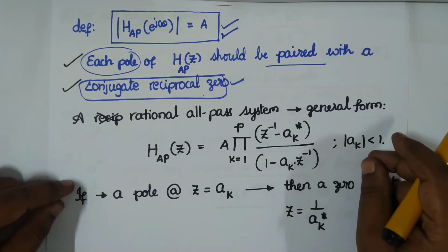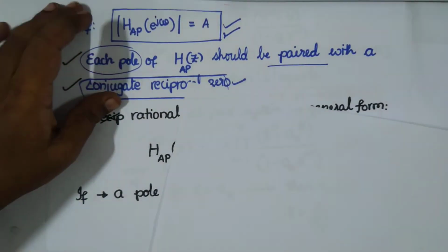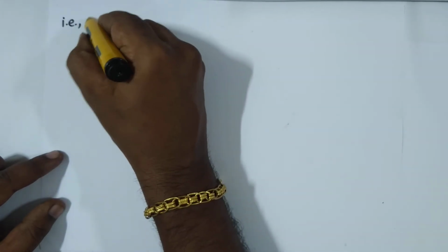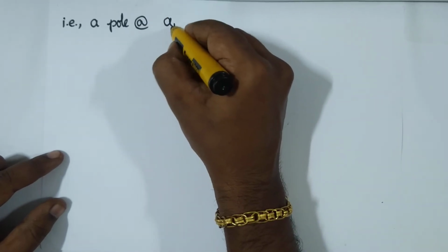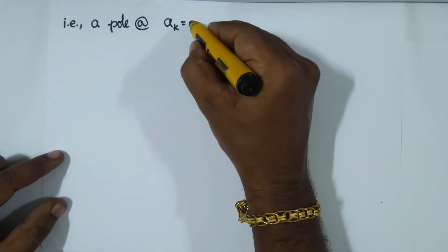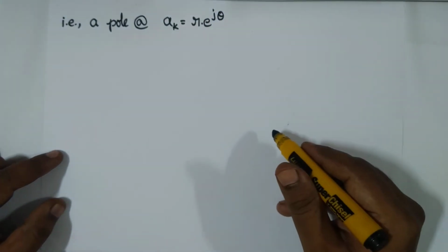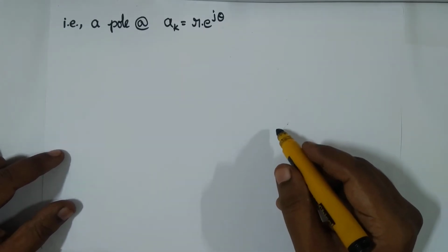Okay, now what we could decide is as follows. Now we could think of this way. A pole at ak, if I take a pole ak, that is real part of a and imaginary part of a not equal to 0, means we have a complex pole.